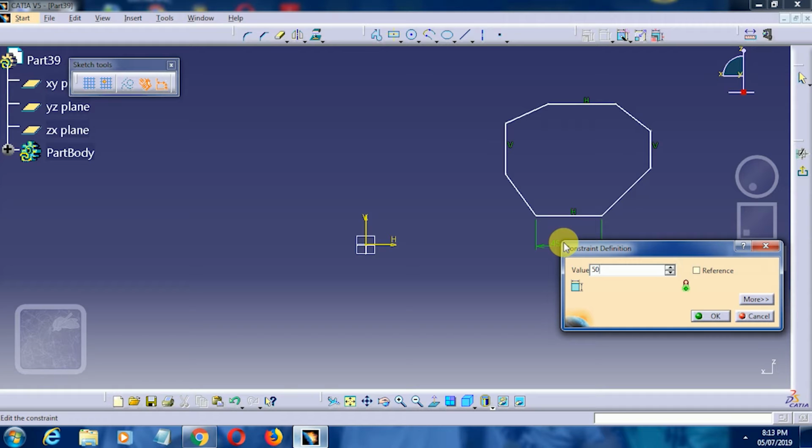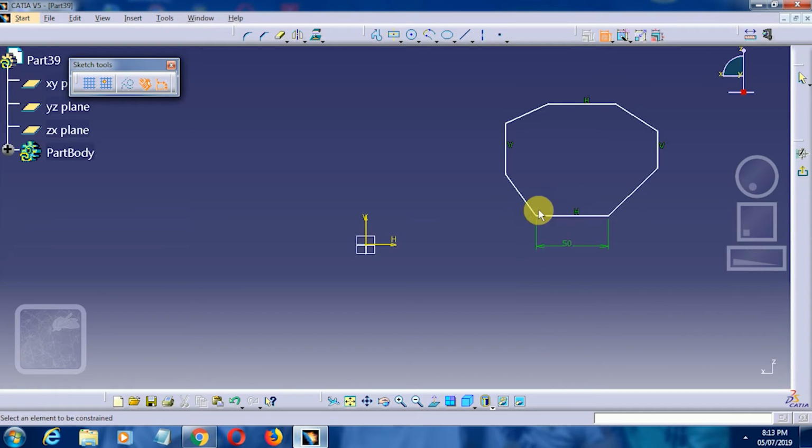Clicking on OK or enter, you can actually find a particular octagon with its PDF diagrams in a link, so you can have a look at it as well and see how to construct it.